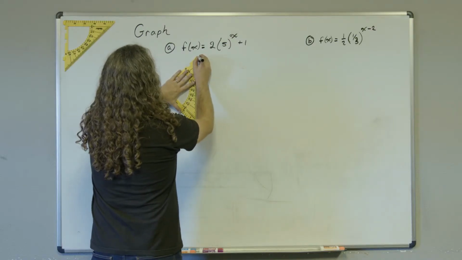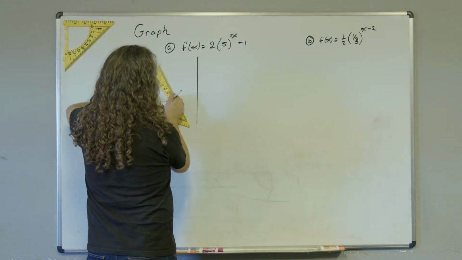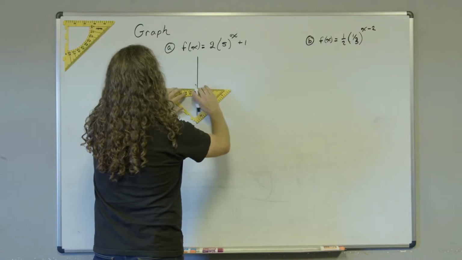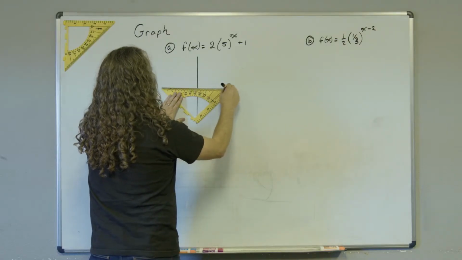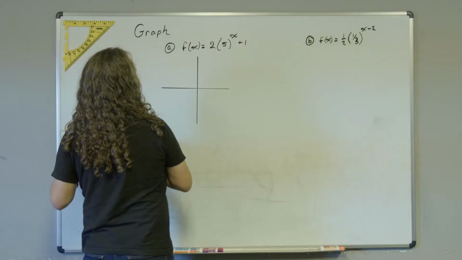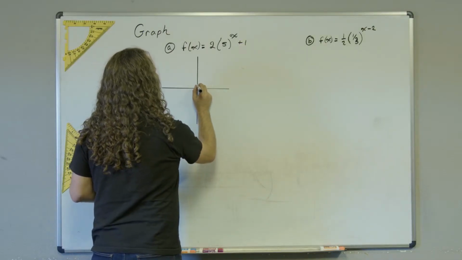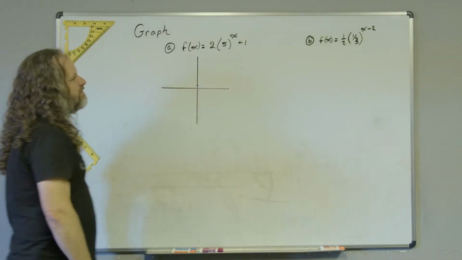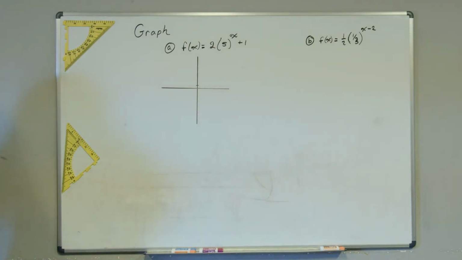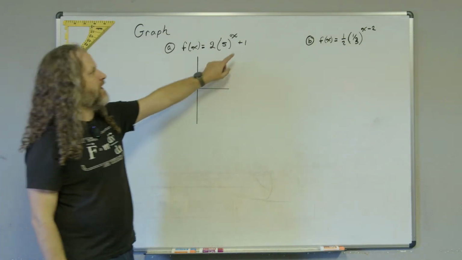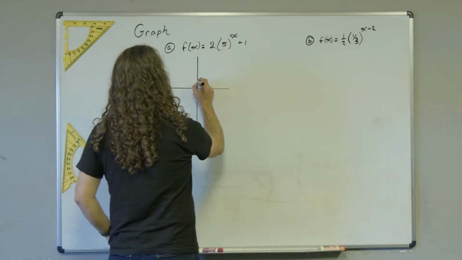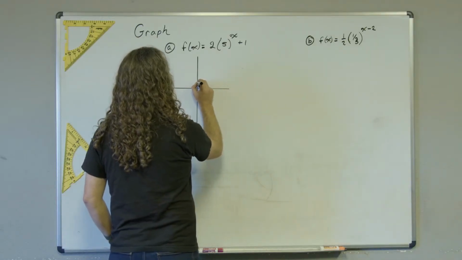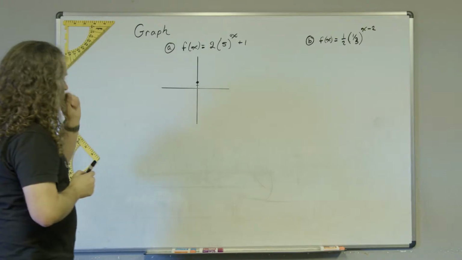Let's pick a few points and see whether you're right. Is it going to go through 0, 1 still? No. It's vertically translated, going to 0, 2. So let's confirm that.